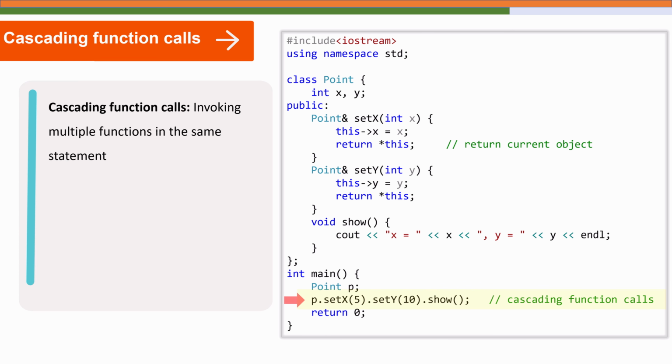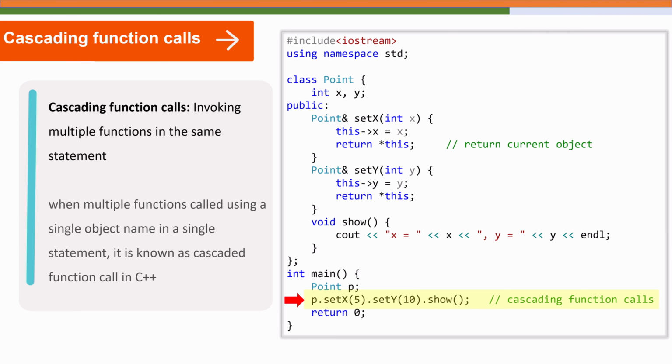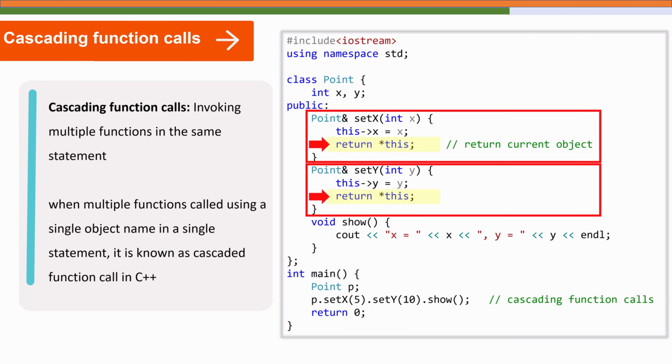This style makes the code shorter, cleaner, and more expressive. To make that possible, our functions must return the current object itself, and that is exactly what the this pointer allows us to do. So in this example, setX and setY both return *this, which refers to the current object, and that allows us to chain the next function call right after the previous one.